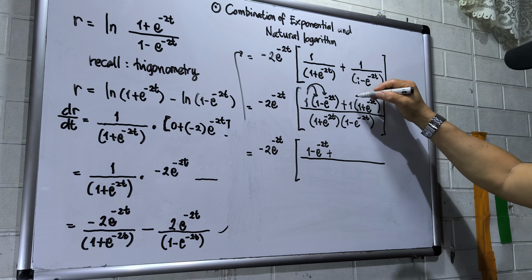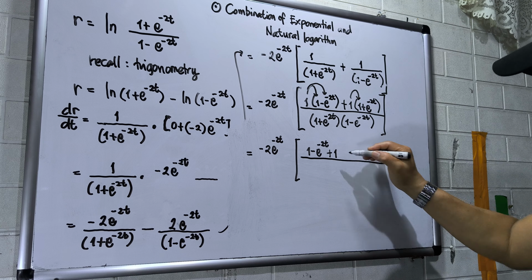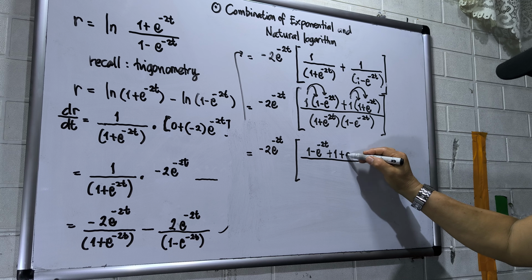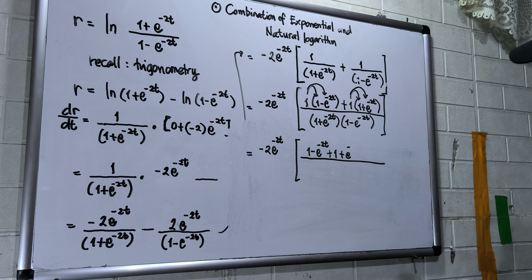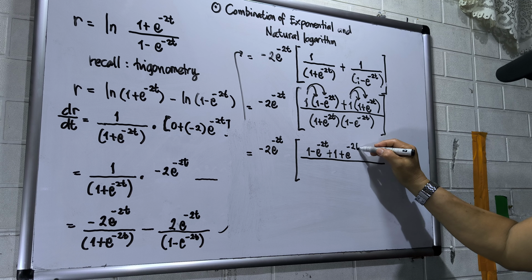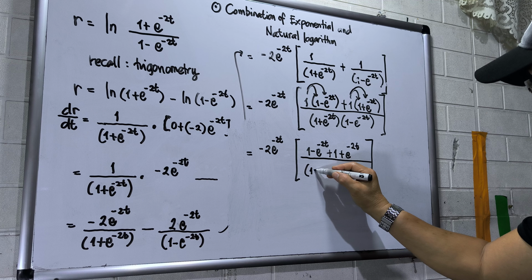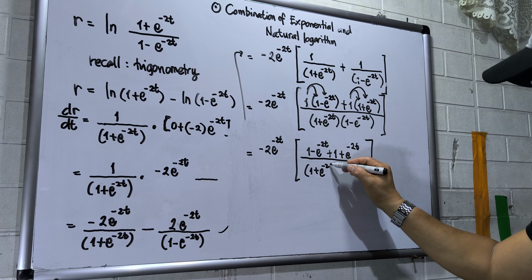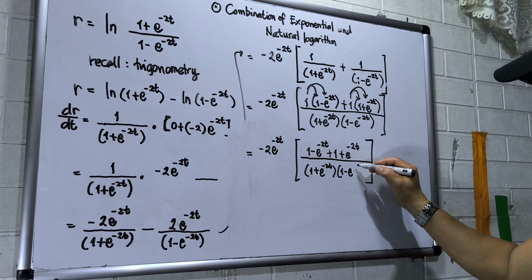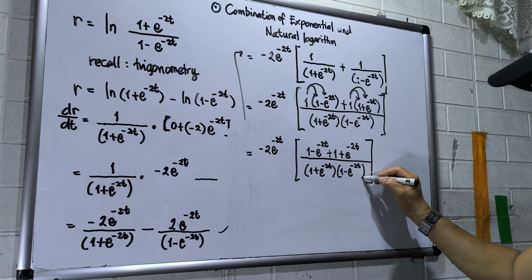Then plus 1 times 1 is 1, then plus e raised to the negative 2t. Then the denominators are circle brackets 1 plus e raised to the negative 2t times circle brackets 1 minus e raised to the negative 2t.